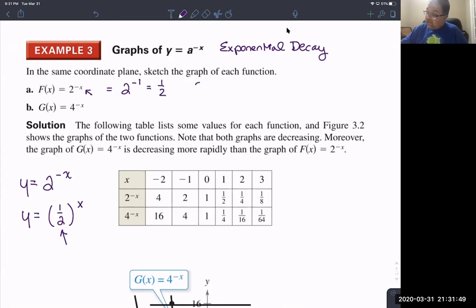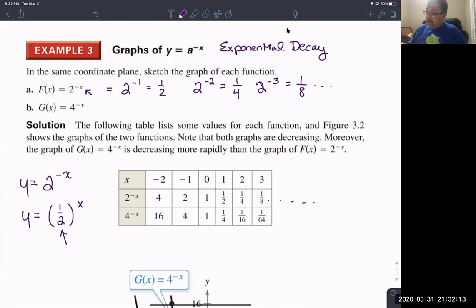When x is 2, that's 2 to the -2, which is 1/4. When x is 3, it's 2 to the -3, which is 1/8, and so on and so forth. So notice, as x gets larger and larger when the exponent is negative, my output gets smaller and smaller, closer and closer to 0.